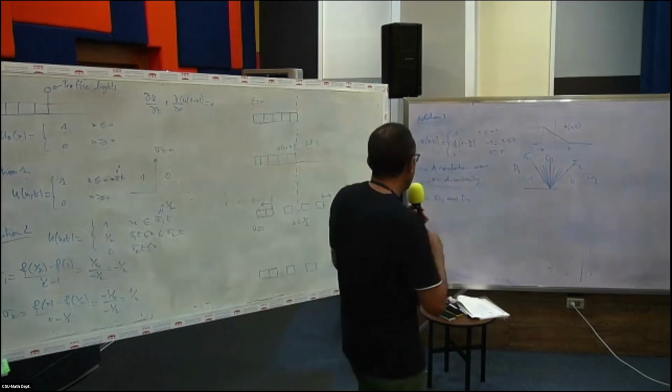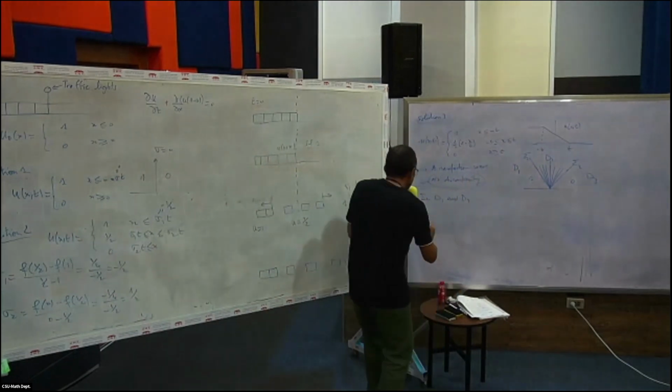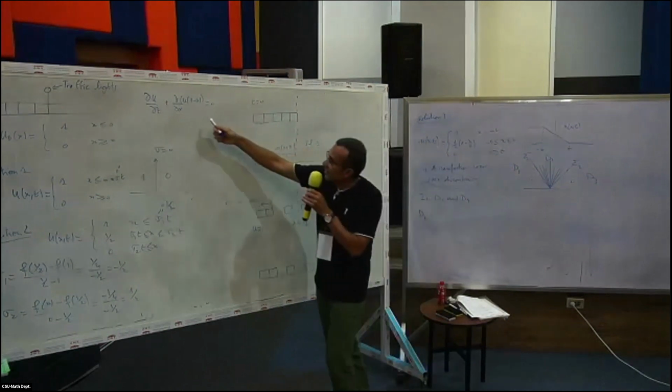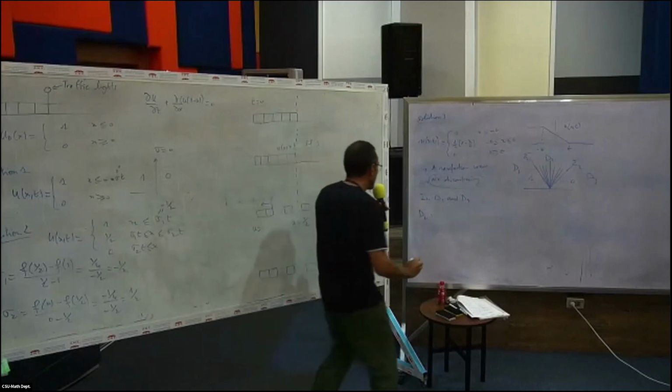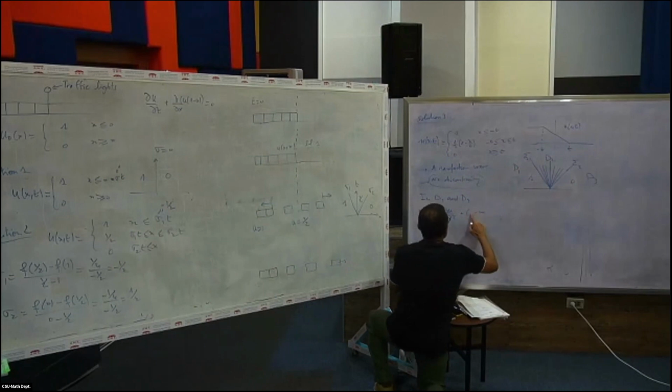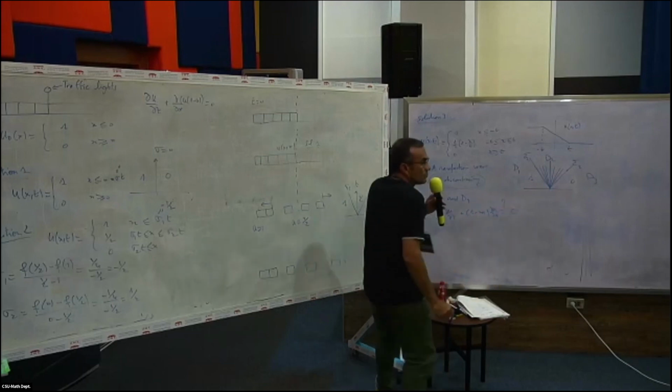Now in D2, you have to do some calculation. So u of x,t is this one, so you have to calculate this part. So we need this, 1 minus 2u, du over dx, and we have to get 0.